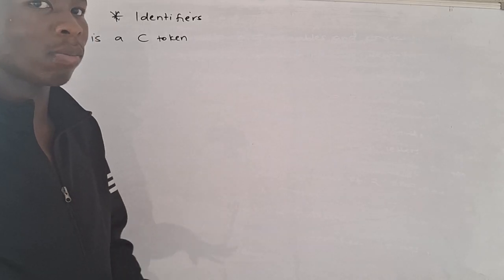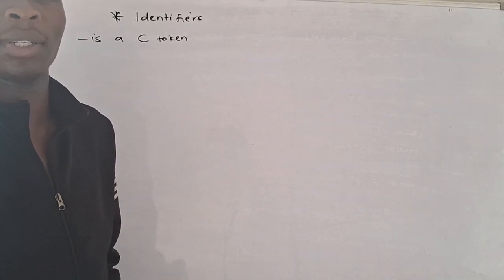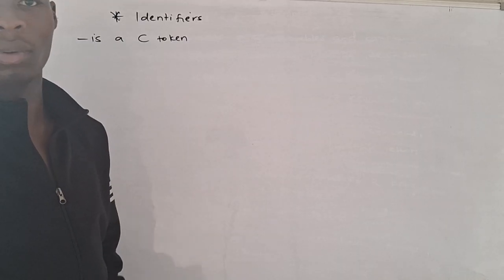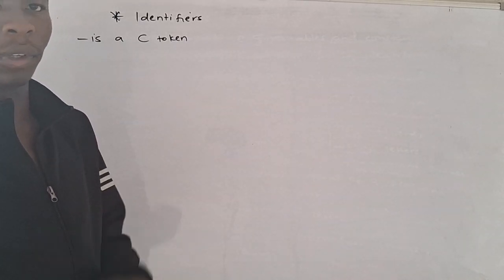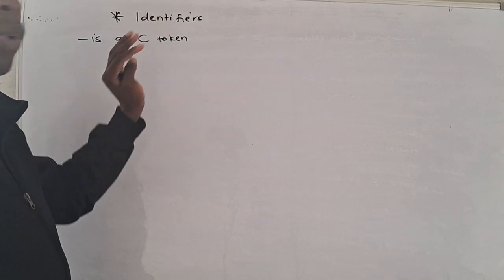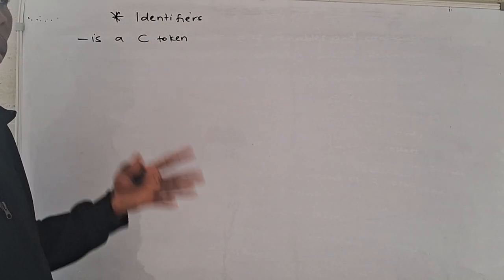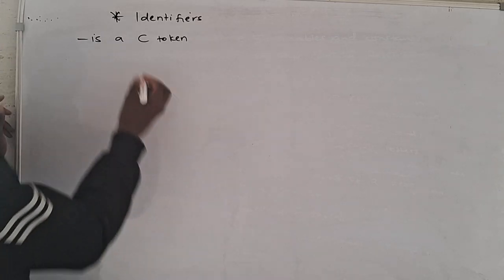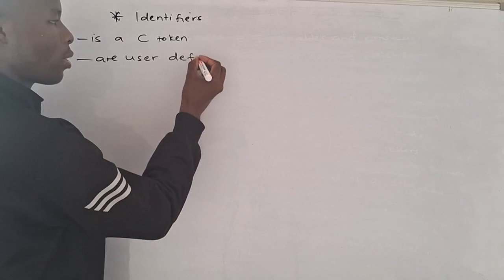These keywords are written in small letters. The meaning of keywords cannot be changed by the user. You cannot change the meaning of keywords. Here I have what we call identifiers. Identifiers are also C tokens. These are user-defined objects.